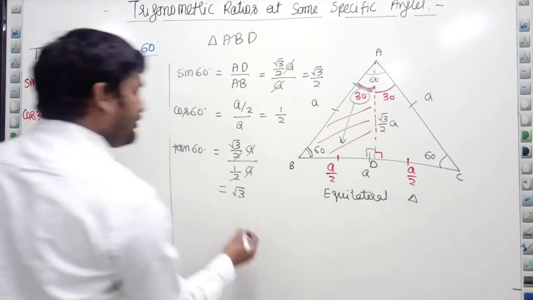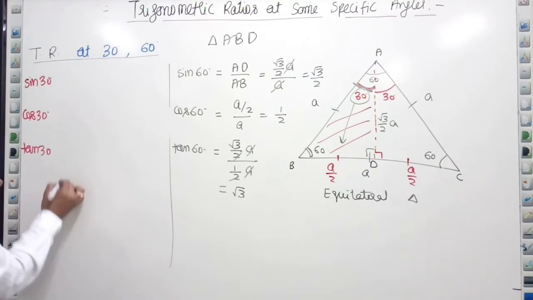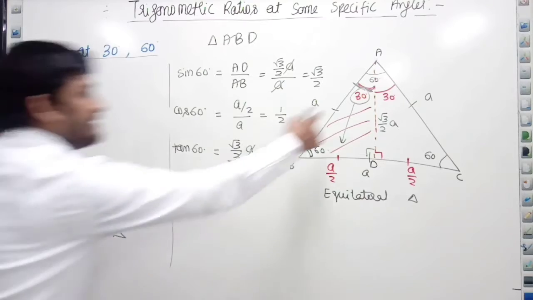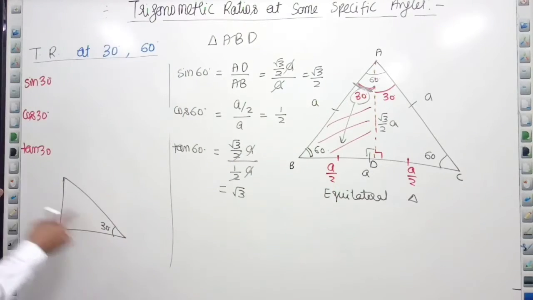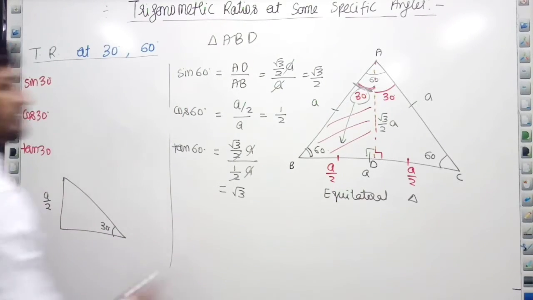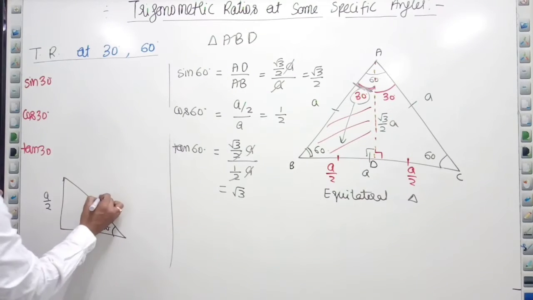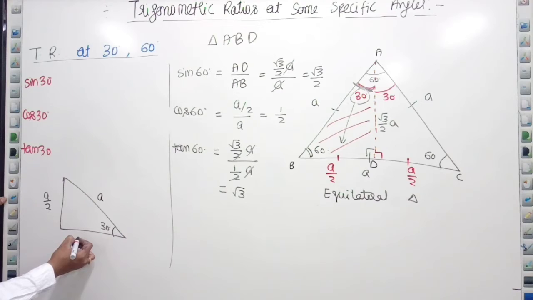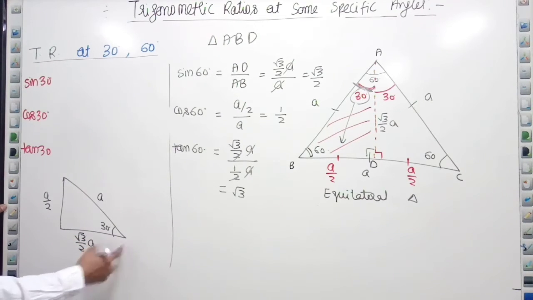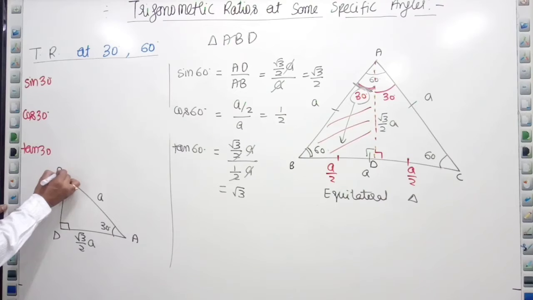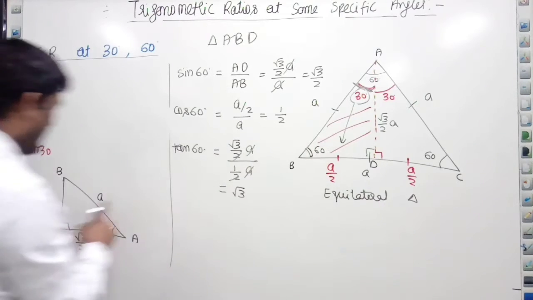So if I redraw this, I can have a triangle in which this angle is 30 and opposite to 30 is a/2, and adjacent to 30 is the base, hypotenuse is a, adjacent to 30 is √3/2 a. I can say 30 is on A, then 90 degree is on D, the remaining third vertex is B. I have redrawn this triangle.